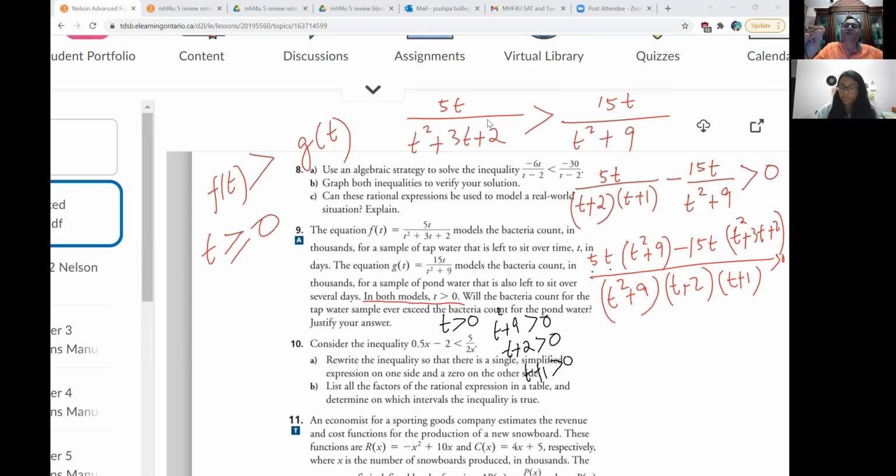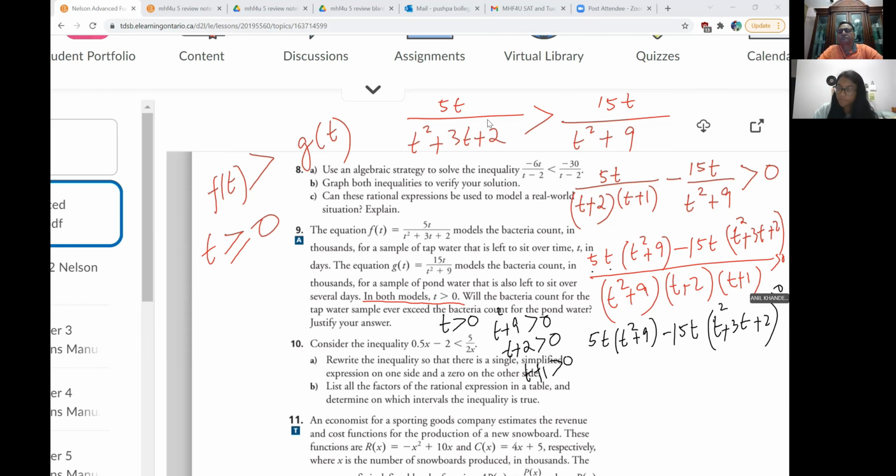So we can multiply with all these numbers and it cancels, right? Do you see that? So what we get here is 5t times t squared plus 9 minus 15t times, I'm doing it in small steps, t squared plus 3t plus 2, right? We want to show that this is greater than 0.